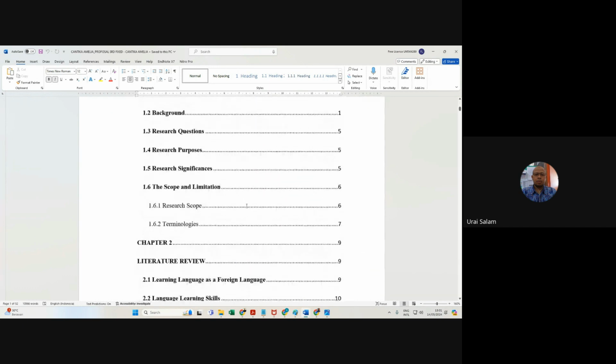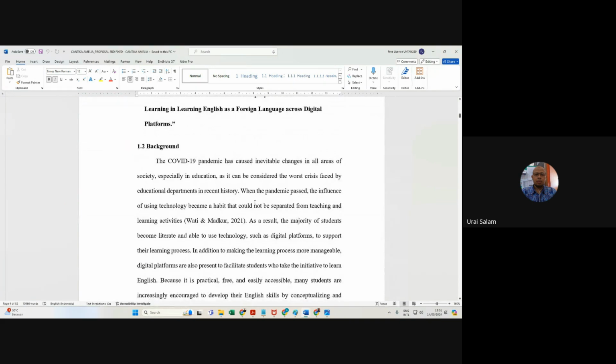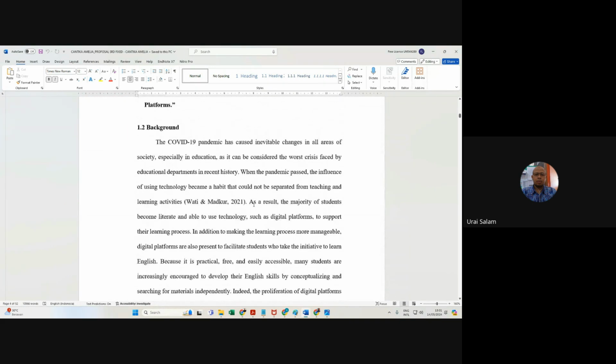Okay. Now, if you talk about COVID, I think that's too far away. If the students are using digital platforms, I think right now it is not really because of the COVID pandemic. Perhaps it is more because of the availability of the technology, the attractiveness of the technology and the digital platforms.